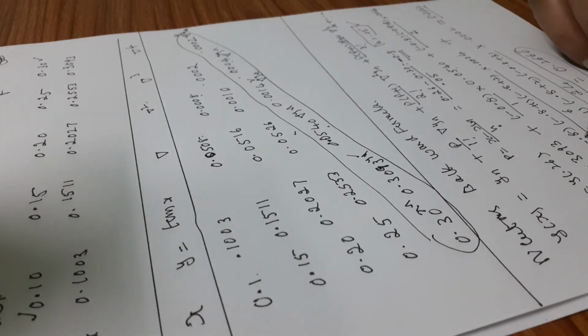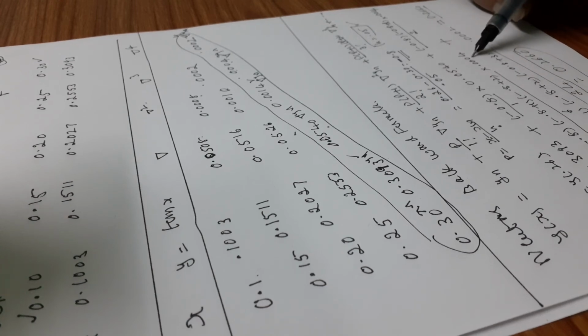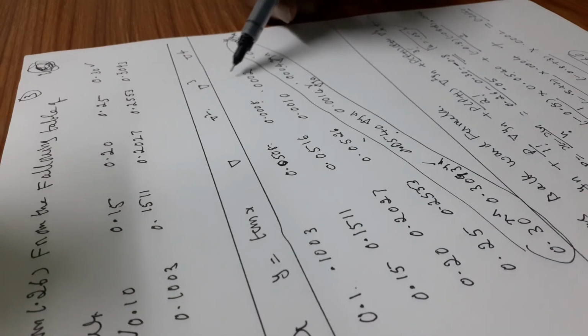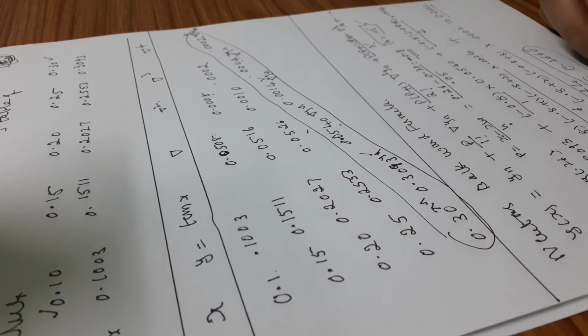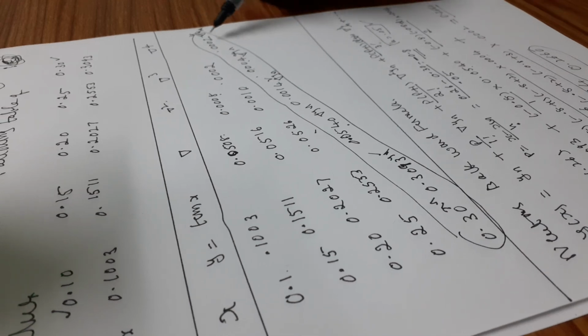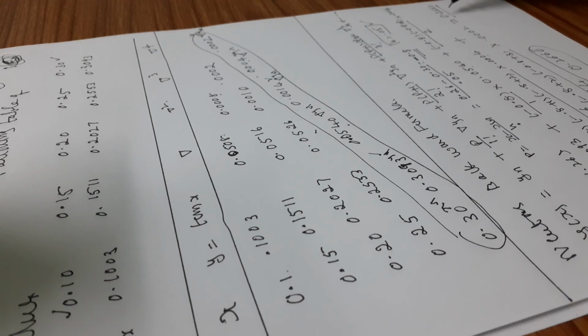Third, p into p plus 1 into p plus 2 by factorial 3, into del cube yn, last value under del cube, plus p into p plus 1 into p plus 2 into p plus 3 by factorial 4, 24, into del power 4 yn. This is del power 4 yn. So when you calculate, you get the answer as 0.2660.